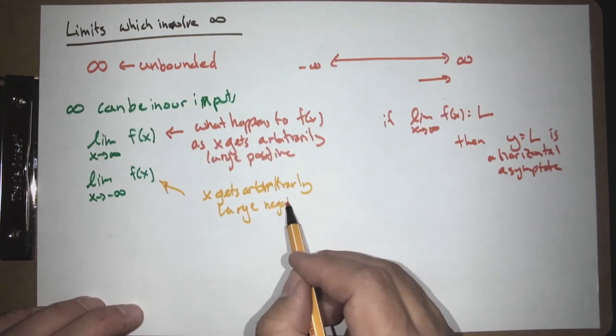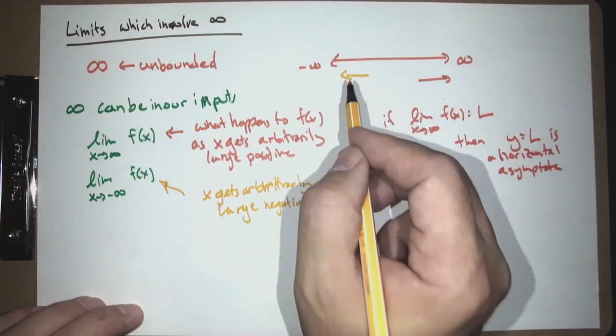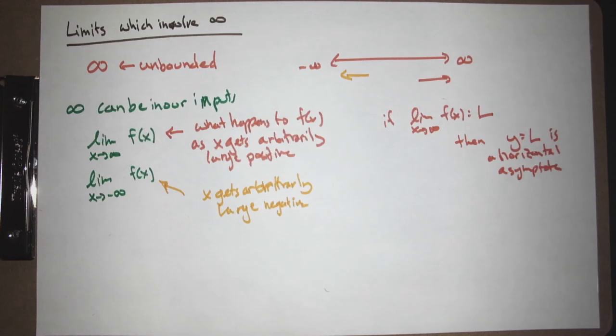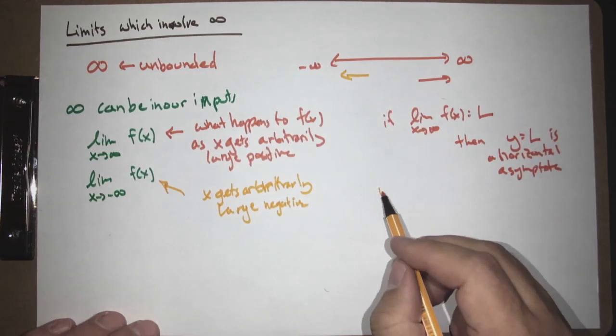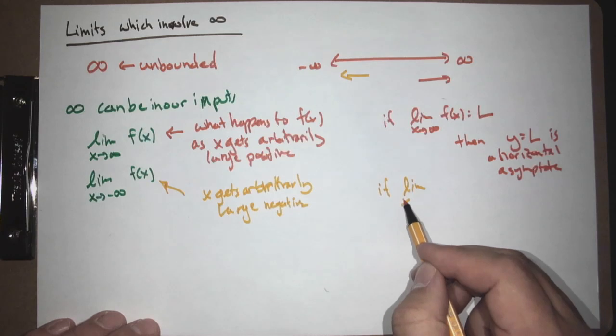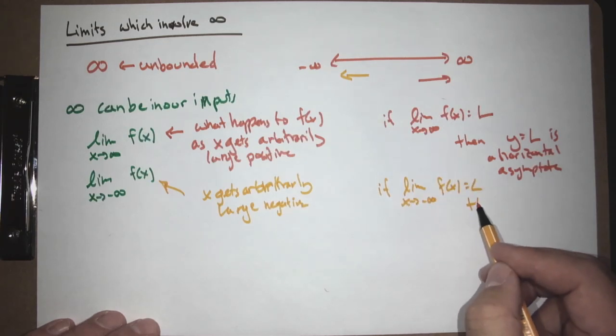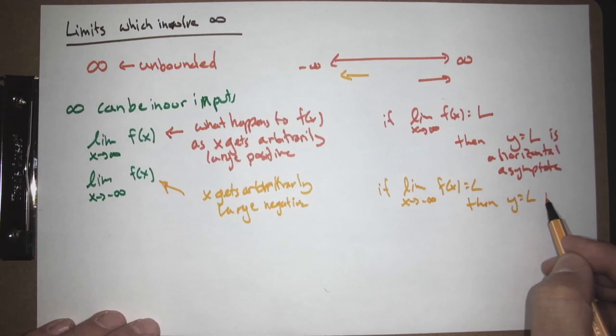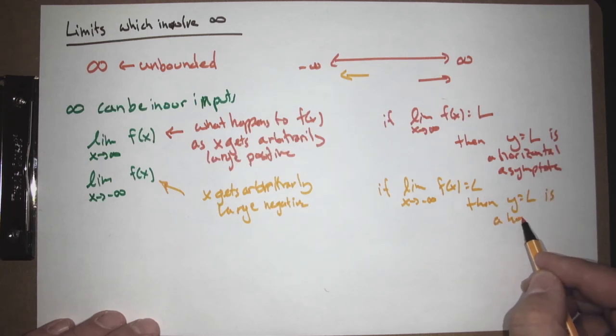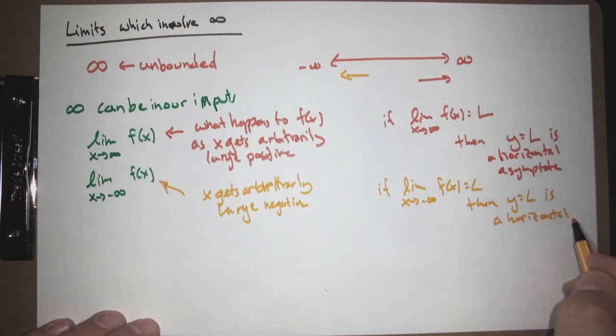We're heading in the opposite direction. It's a large value, but it's a large negative value. And again, same thing. If the limit as x goes to minus infinity of f of x equals L, then y equals L is a horizontal asymptote. Same kind of idea.